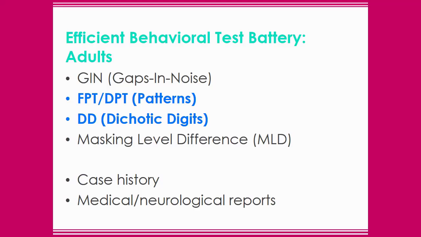You're going to obtain more information related to the brainstem, because if you go back to the 2 tables that I referenced earlier, you'll find that dichotic digits gives you much more information about the cortex and the corpus callosum, and the duration patterns, similarly, much more information about the cortex and the corpus callosum. So if you want to look a little lower down in the central auditory nervous system, masking level differences and gaps in noise will give you more information at those lower levels.